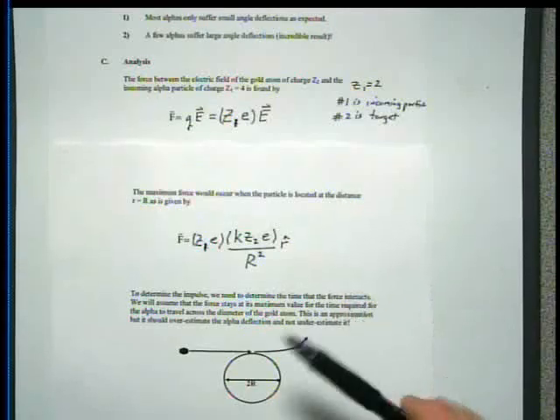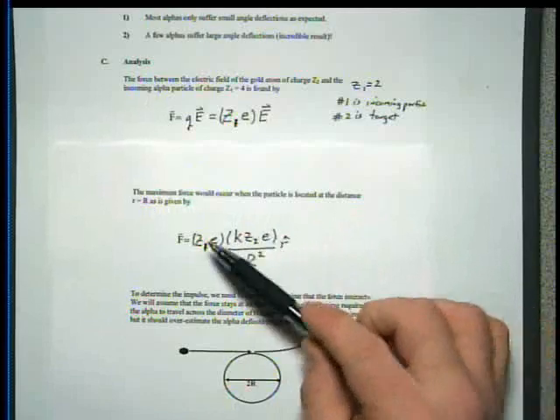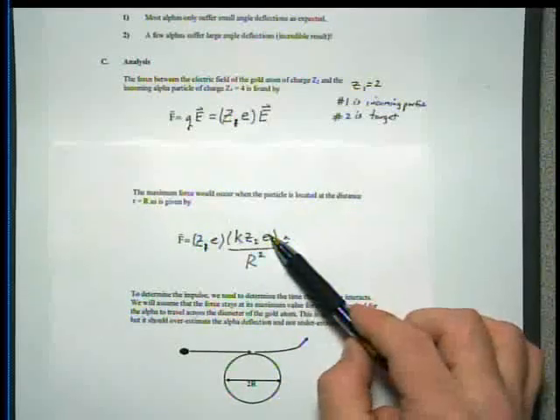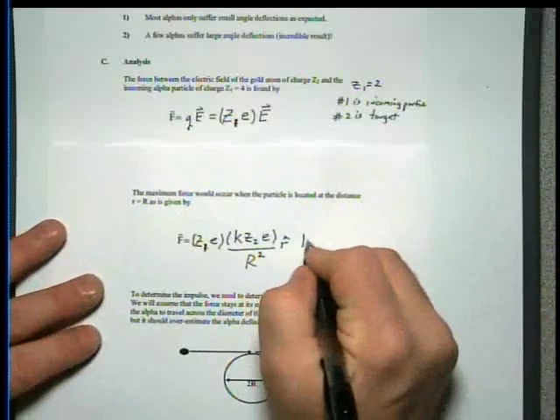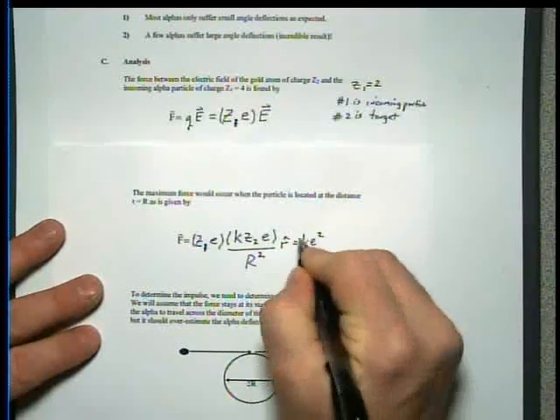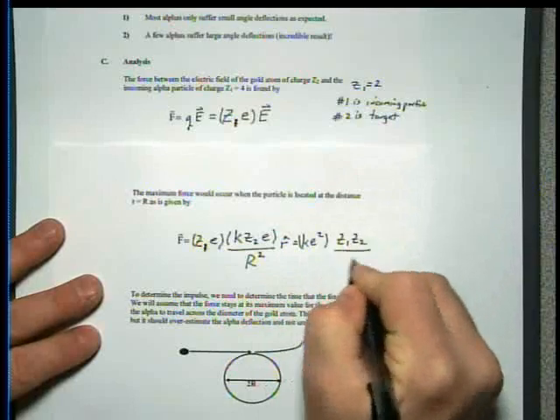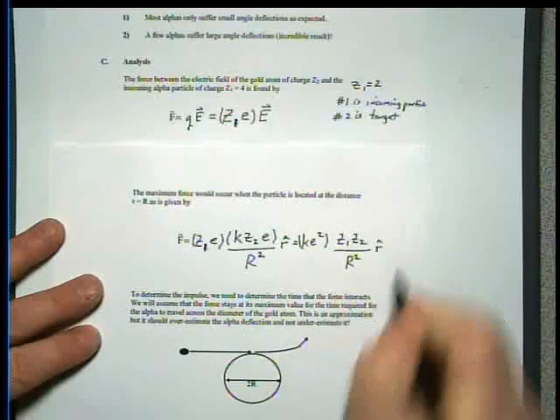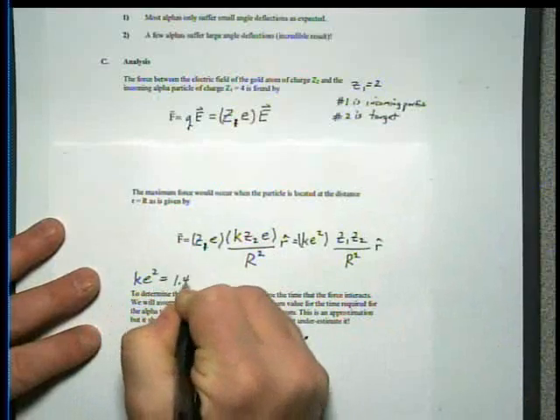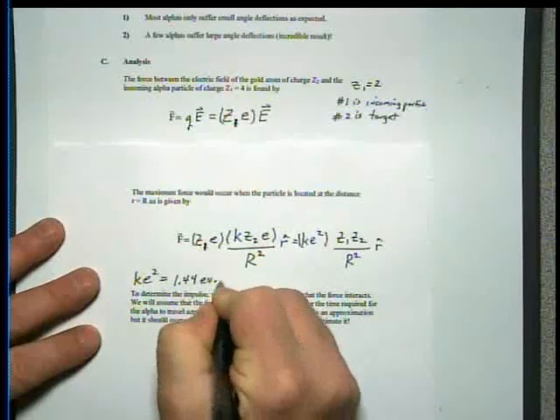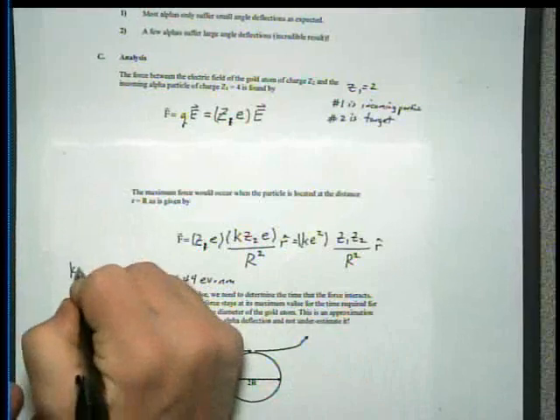First of all, it turns out you're going to run into a lot of problems where you have K and E. It's convenient if you put these two electric charges on the electron together with that K and rewrite it kind of like this. Ke squared is equal to 1.44 eV nanometers. A useful thing to note. Know this.